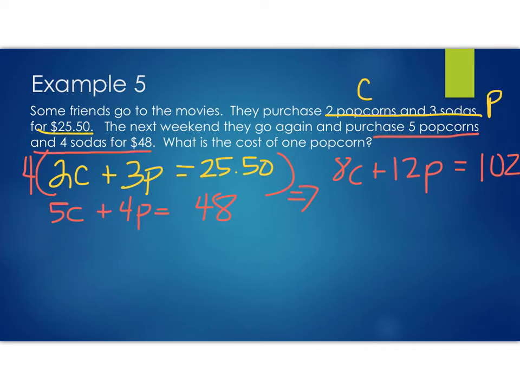That means I need to multiply this whole bottom equation by negative 3. And remember, you gotta multiply every single term. So negative 15c minus 12p equals negative 144.